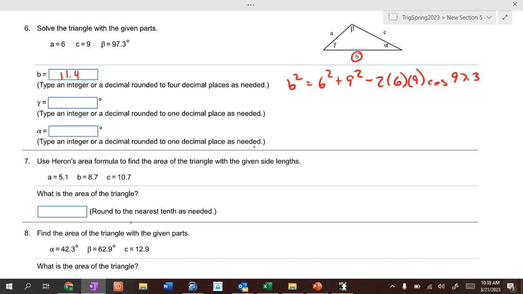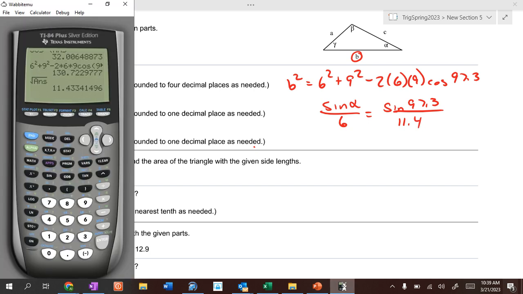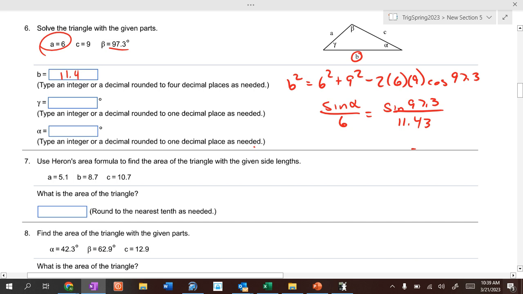Okay? Then I would find the angle of, well, this is an obtuse angle, so it has to be an acute angle. But I like to find the angle of the smallest one next. So if I want to find angle A, the sine of alpha over A equals the sine of 97.3 over 11.4 something, something, something, 4334.